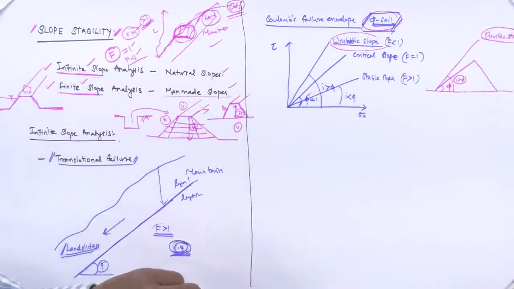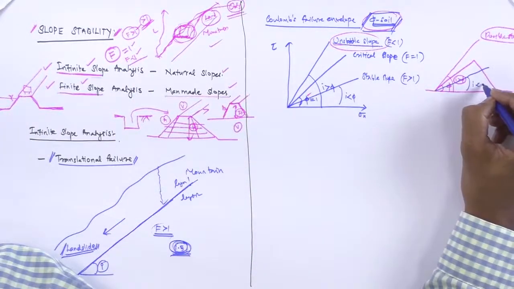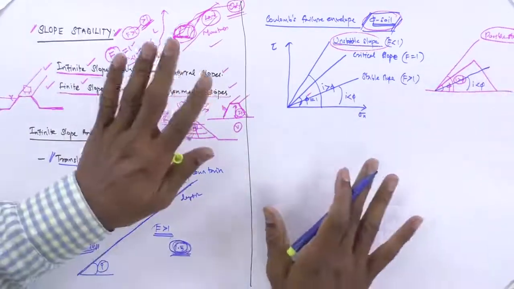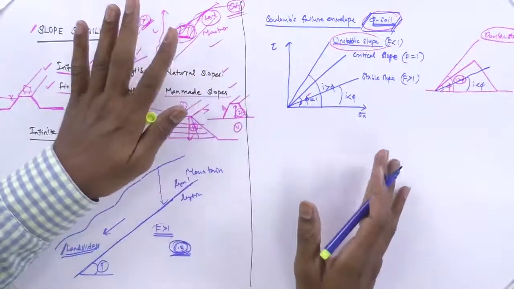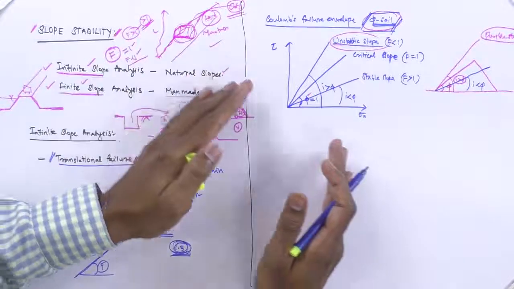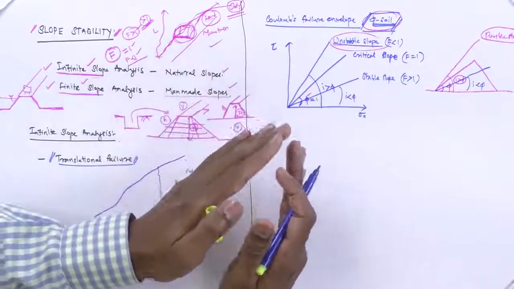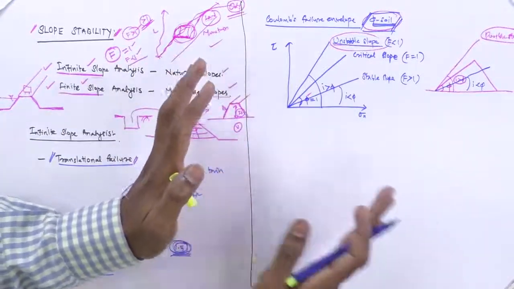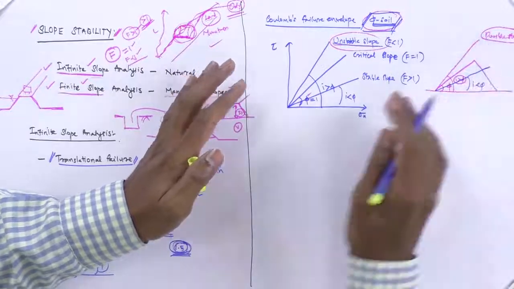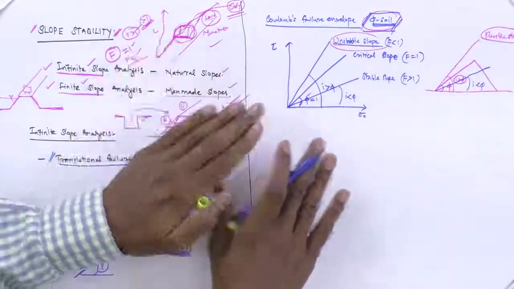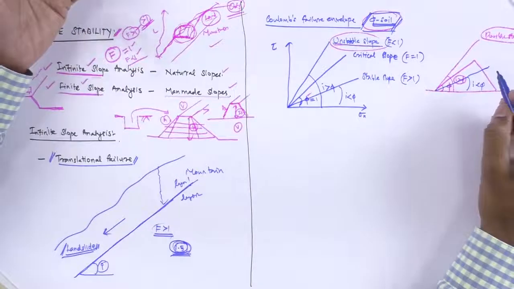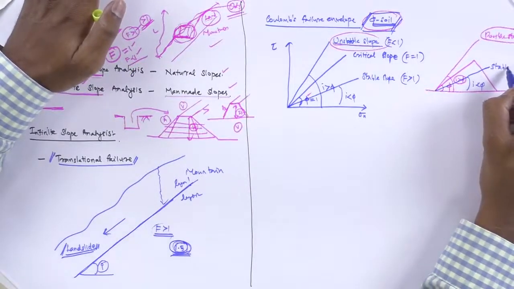When you make it flatter, when I is less than phi, it is perfectly stable. If you heap it steeper, the particles will start sliding down. But if you try to make it flat, it becomes a stable slope.